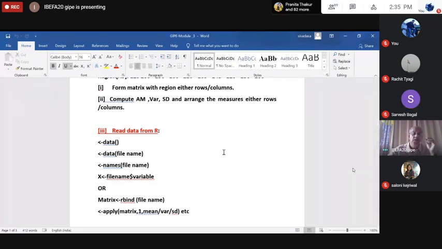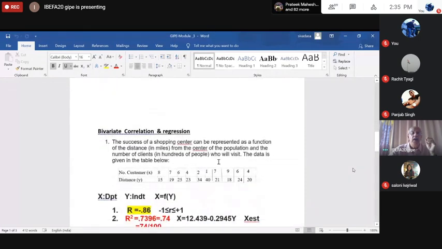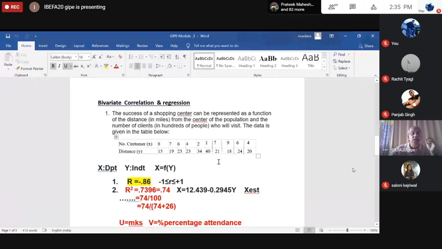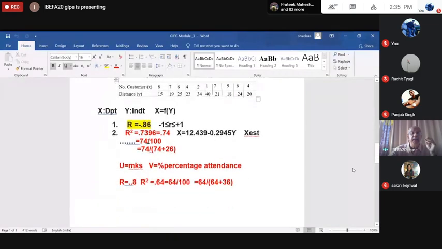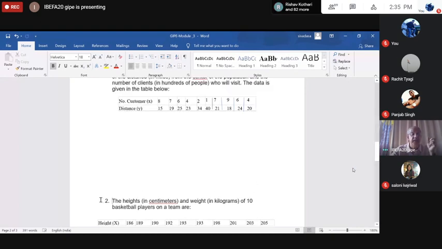So today we are going for a new topic called bivariate correlation and regression. We are going to learn bivariate correlation and regression.